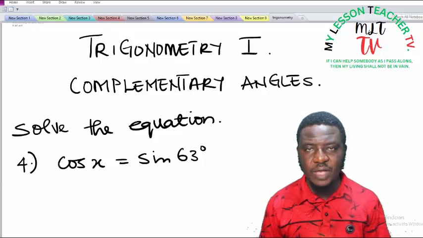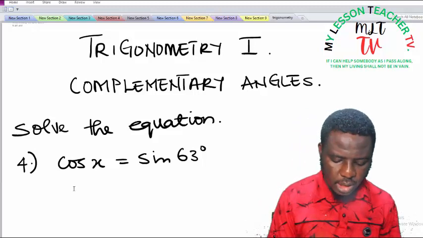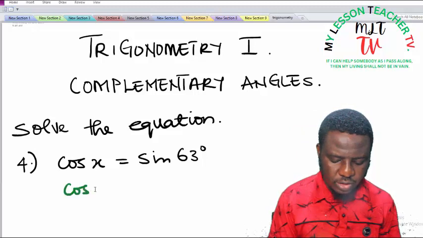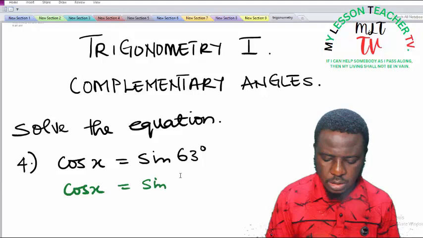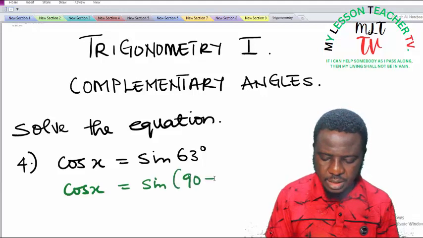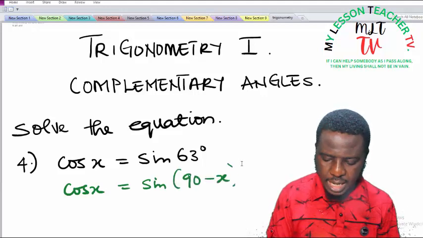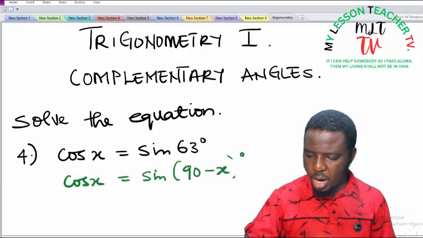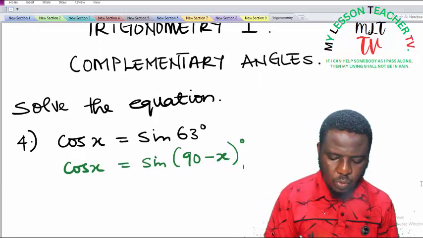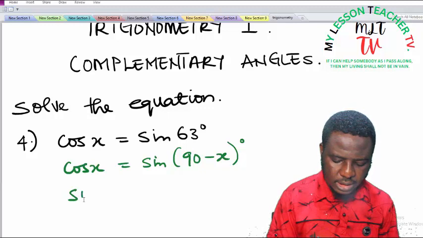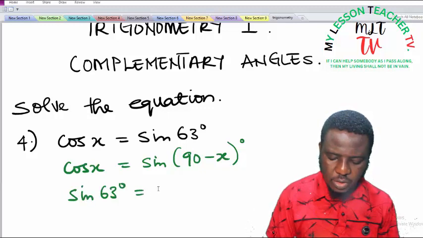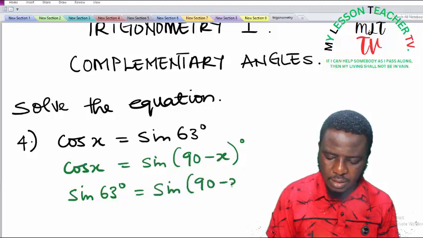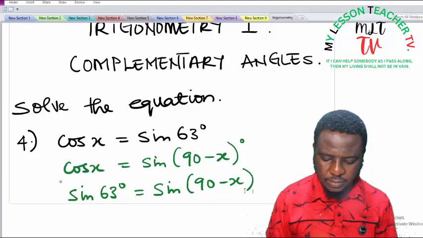We should find the value of x. Now this implies that since cos x is also equal to sine 90 minus x degrees from our complementary angles, we can therefore say that sine 63 degrees is equal to sine 90 minus x.